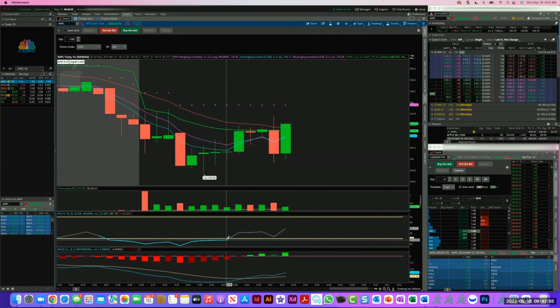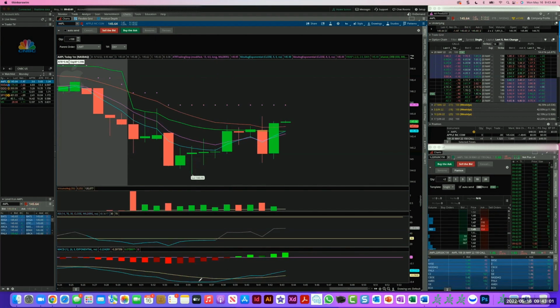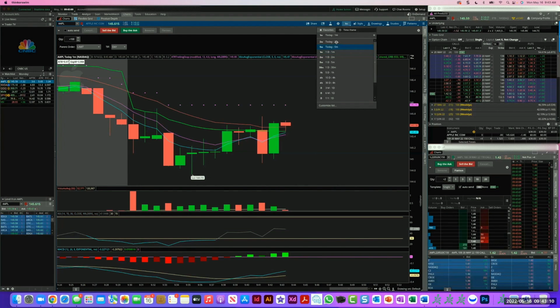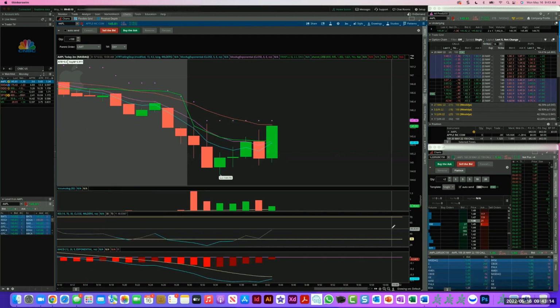And in the 1 minute chart, you'll clearly see here, this is where you would make your entry because again, we're oversold here. The MACD is flat. Now we've crossed above. So this is where you'd make the entry to the upside. So I'm going to go back to the 2 minute because it doesn't give me whiplash, and just sort of follow along here.